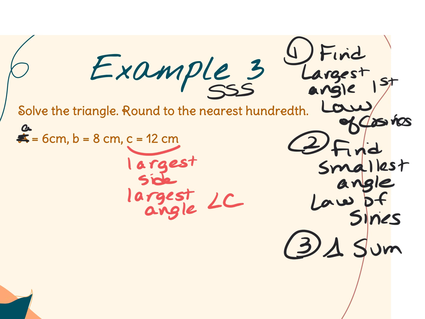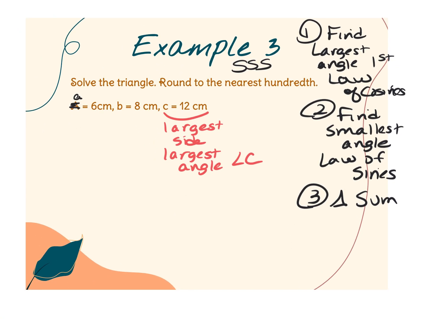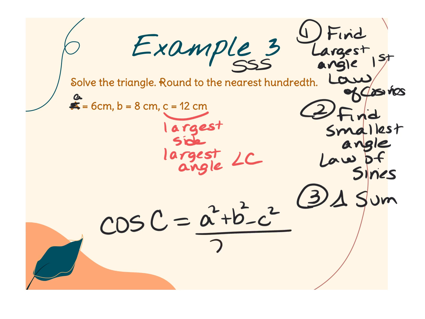You could still use the standard form, but you're just going to be working backwards in the formula using inverse operations. Because I'm looking for angle C, I'm going to do cosine of C is equal to a squared plus b squared minus c squared over 2 times a times b.